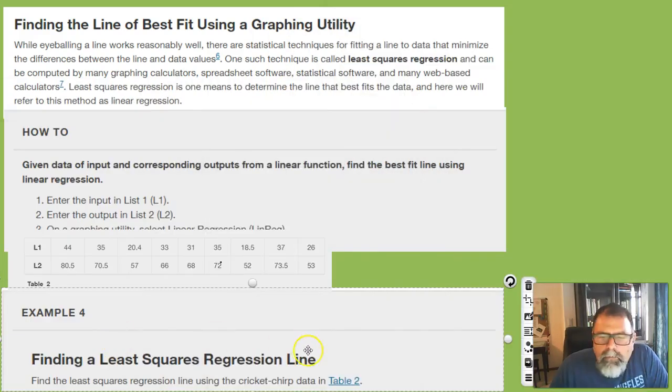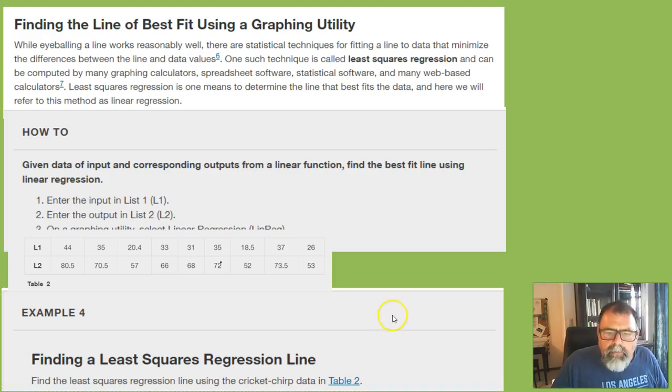All right, so find the least squares regression line. Let me write that down. Desmos is great. If you just search for it, it's all programmed in there. Just do a Google search: linear regression Desmos. You can also search on Google for linear regression using Excel, and I can show you how to use Excel.